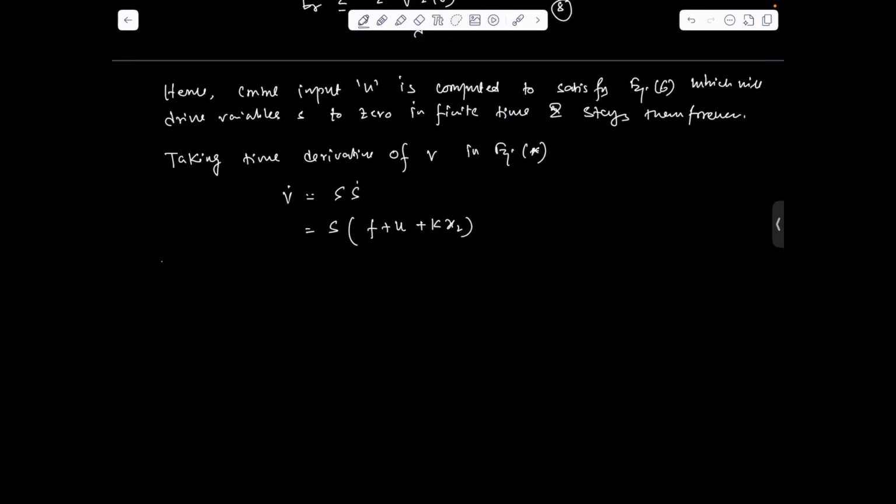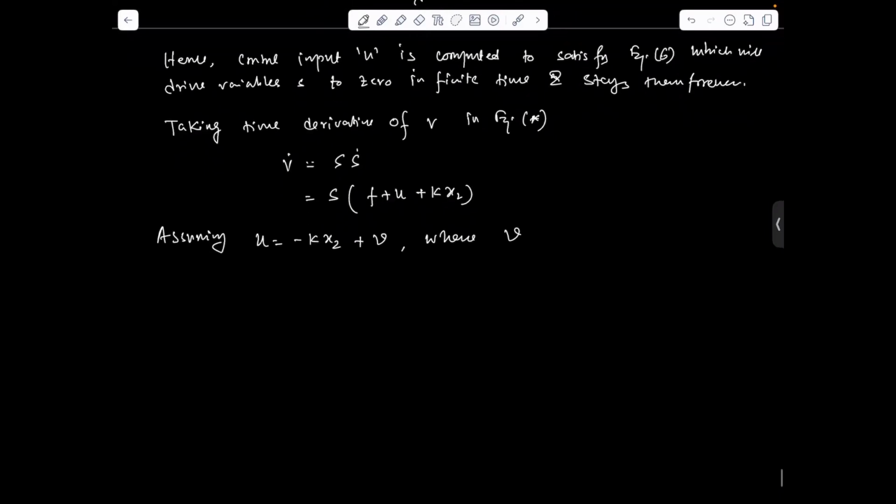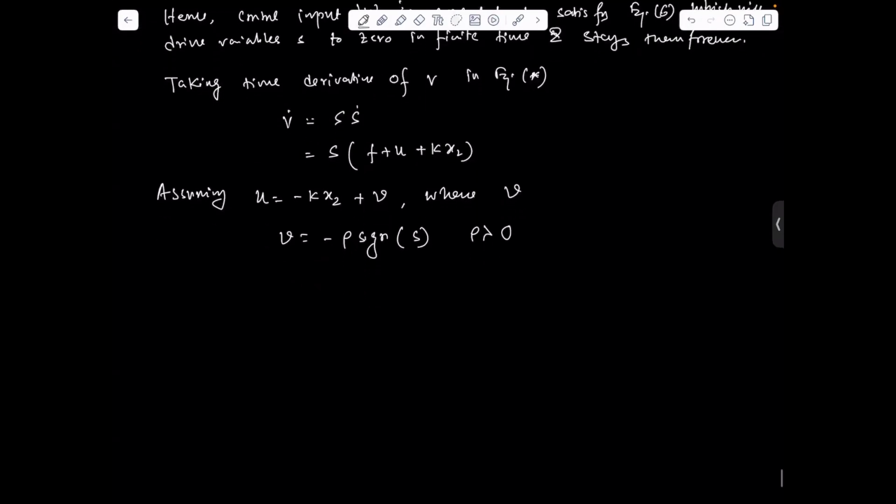So now let's assume u equal to minus kx2 plus v, where v is a signum function, v equal to minus rho sgn(s), where rho is greater than 0.